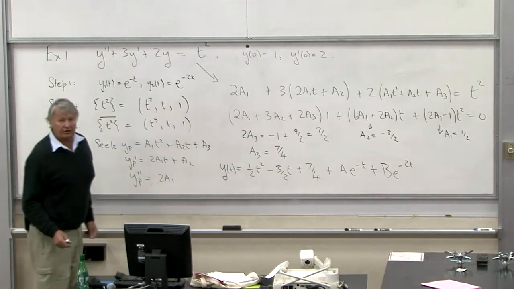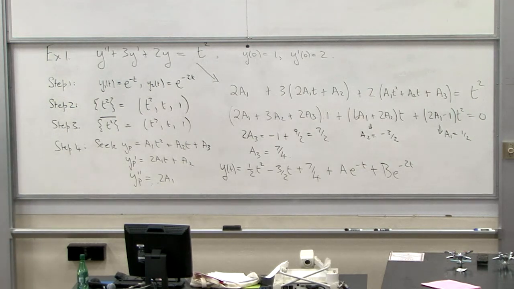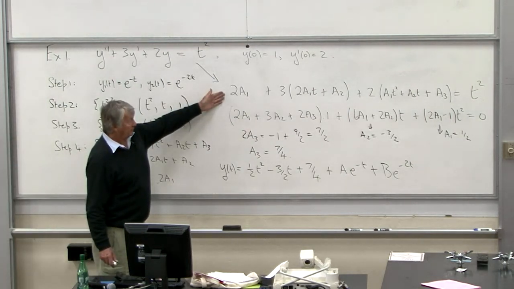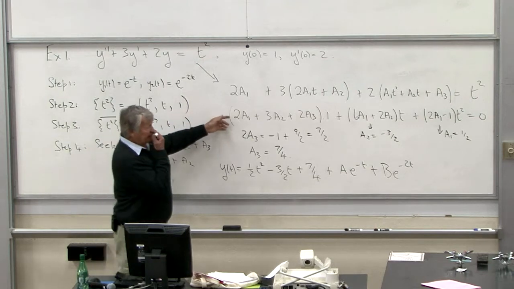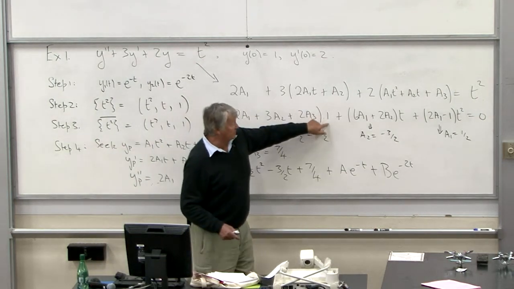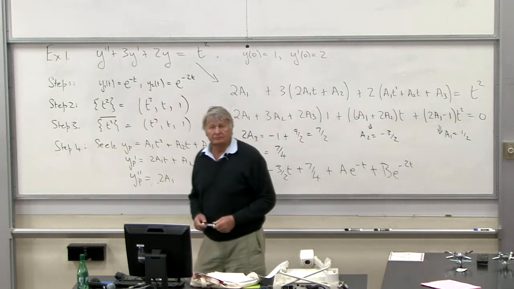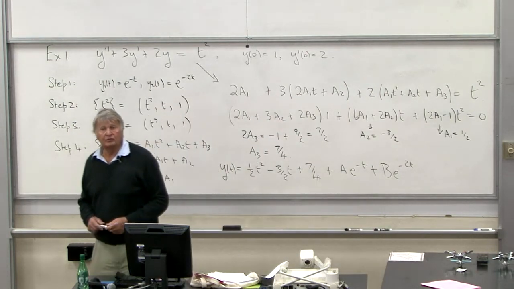So that's the general solution. Yes, question? I see what happened when you took the yp derivatives and put them into the original non-homogeneous equation. What happened going down along? Okay, I just collected all the terms t to the 0, t to the 1, t squared. Oh, so that was just a rearrangement? A rearrangement, yes.